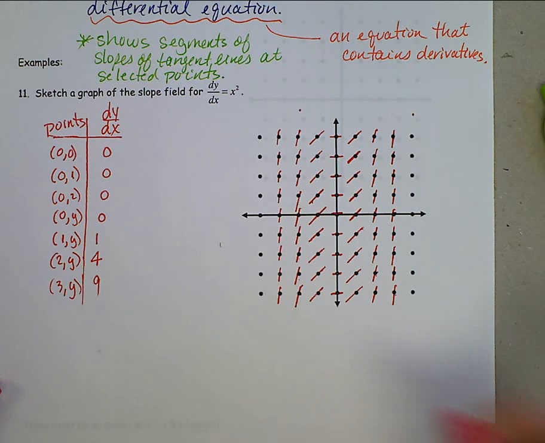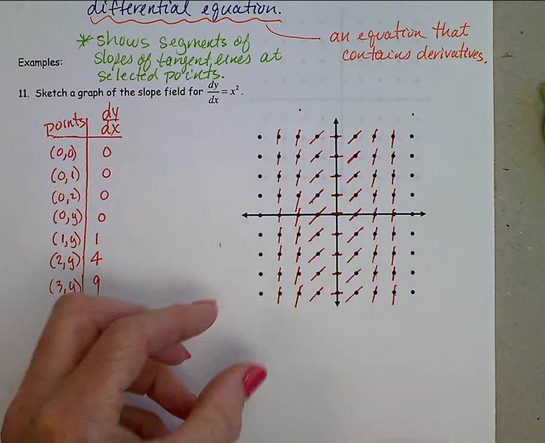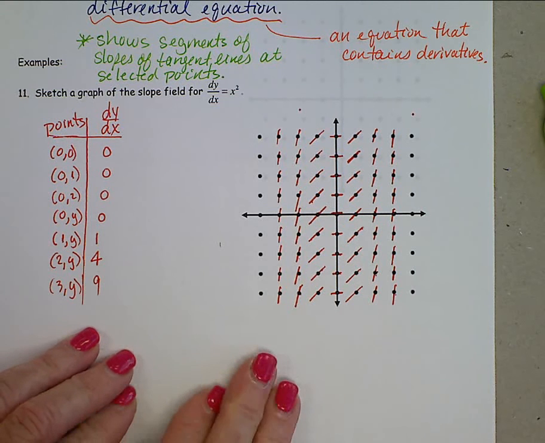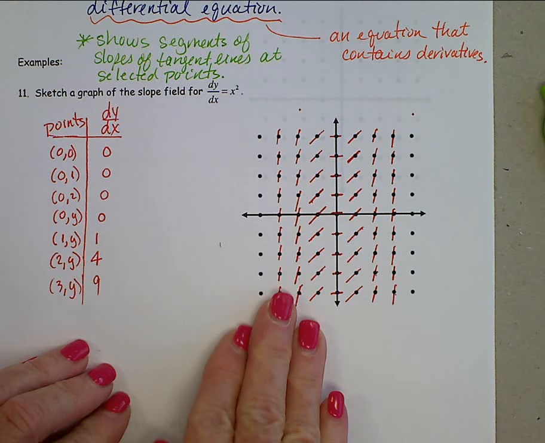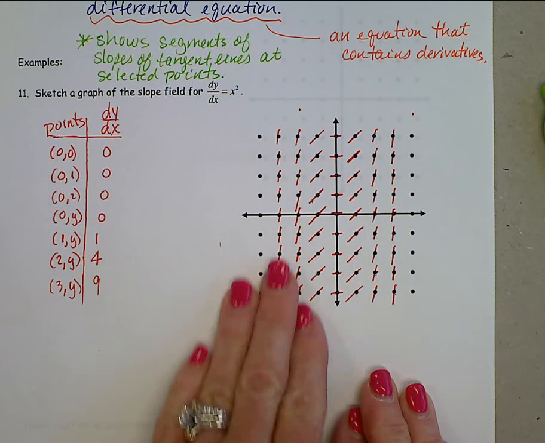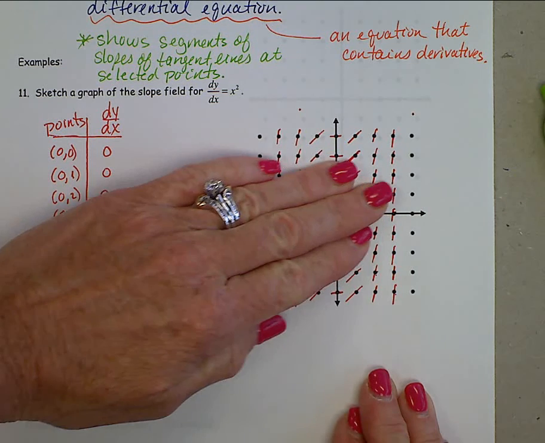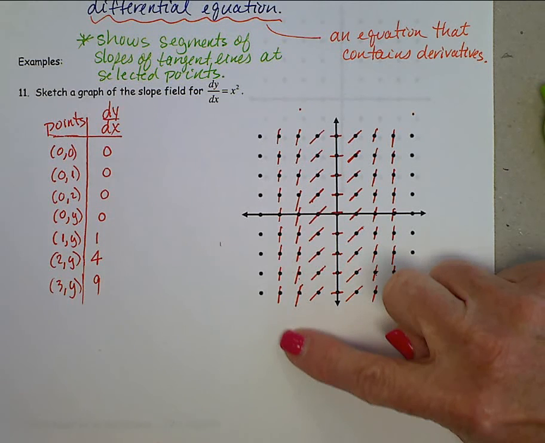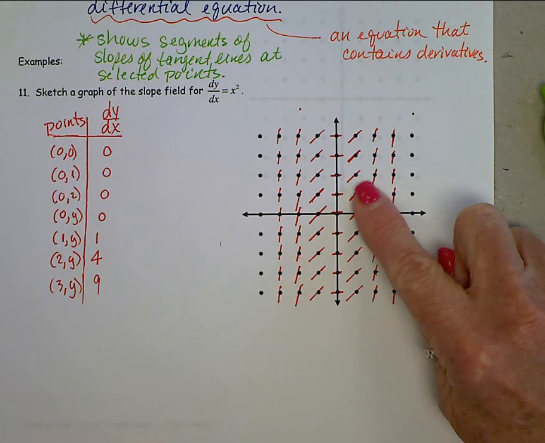All right, when you look at this, hopefully you can see the general trend of the slopes is they're very steep out here, and as we go closer to the y-axis, the slope flattens off, and then it turns steep again. So steep slope, flattening off, and turning steep again.